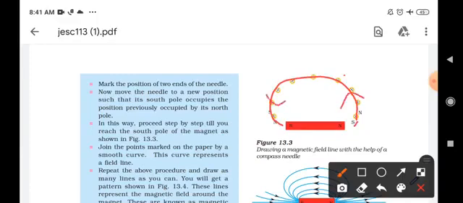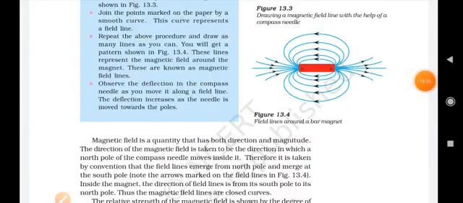So the magnetic field lines start, emerge, come out from the north pole and enter into the south pole. Okay, so if we repeat this procedure, then we can draw many lines, and all the lines will show a pattern that you can see in Figure 13.4, where these are the magnetic field lines and they start from the north pole and enter into the south pole.